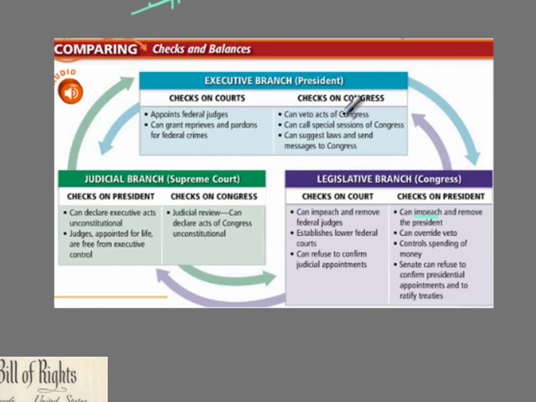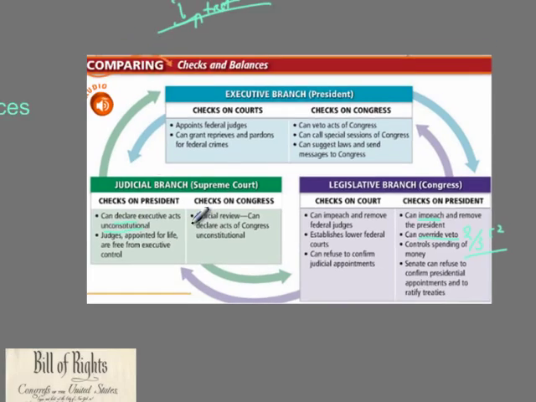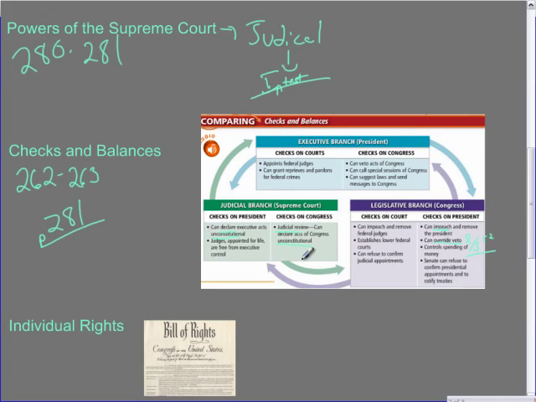If the president is just vetoing everything, they can override a veto, but it's difficult to do because you have to have a 2/3 majority, though it's something they can do, and they have a power over the president in that way. The judicial branch can check on both of these by, in both situations, using judicial review to declare things unconstitutional. So I would study that chart and know how each branch interacts with each other and what kind of powers the groups have, and 281 is a good place to look.